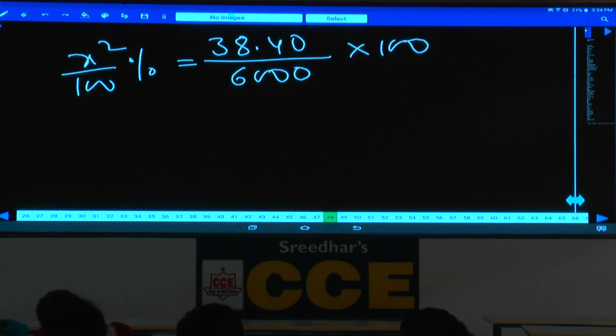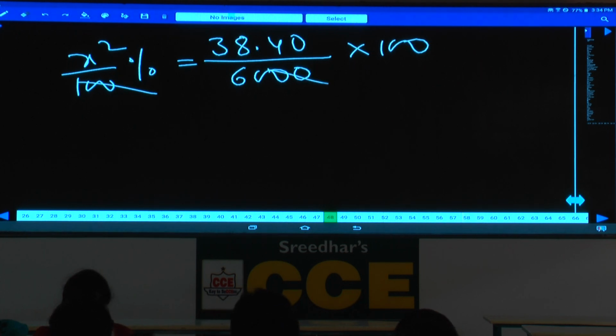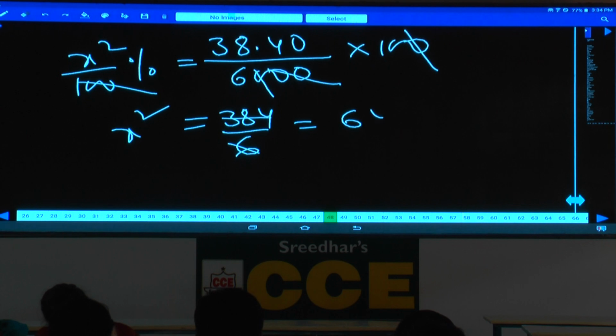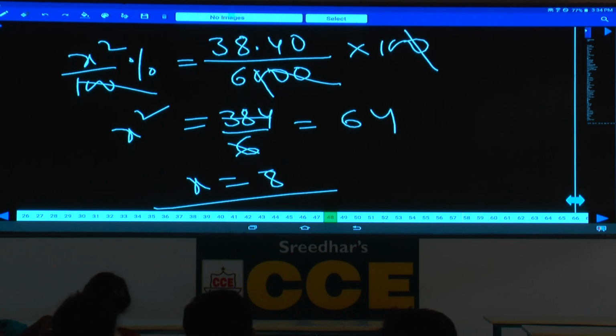Two zeros cancel, 0 cancel. 38.40 into 10 becomes 384 by 6. 6 how many times? 64 times. X is equal to 8. Over. Done.